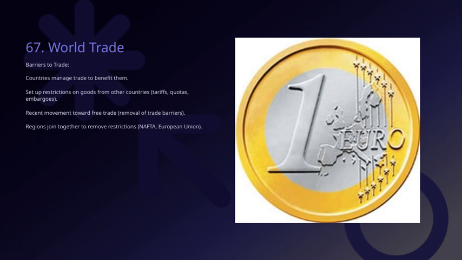However, countries still set up certain restrictions on goods from other countries, like tariffs, quotas, and embargoes. These tools are used to protect local industries or respond to specific economic concerns. Ultimately, each country manages its trade policies to benefit itself, which can sometimes lead to tensions or competition.